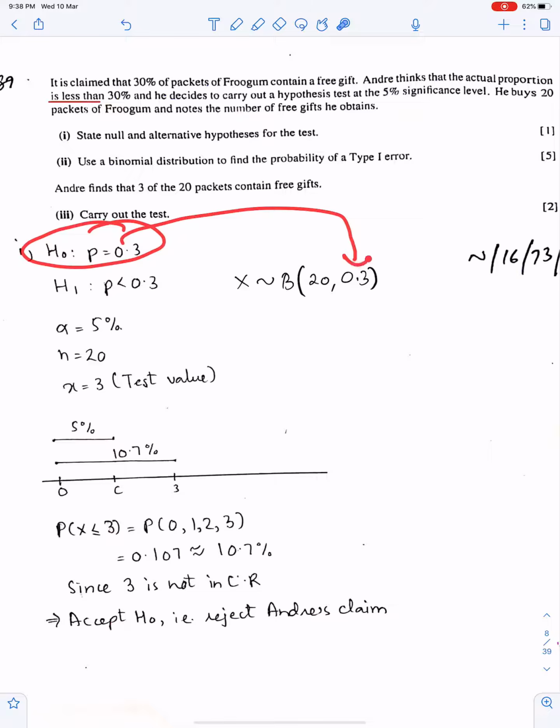Now this is the test value 3. The first part is to state the null and alternative hypothesis. Done. This is the answer of the first part. We are leaving part 2 because we are not discussing type 1 and type 2 errors in this lecture. So we have to just do part 1 and part 3. Now part 3.